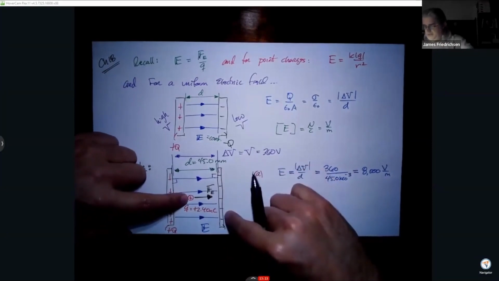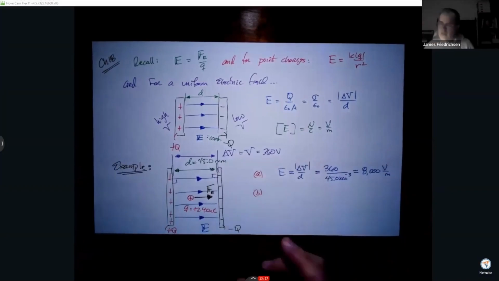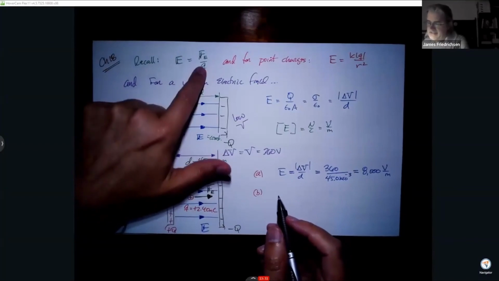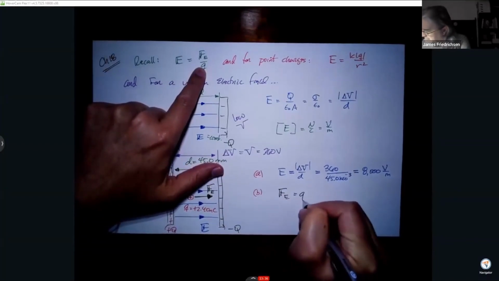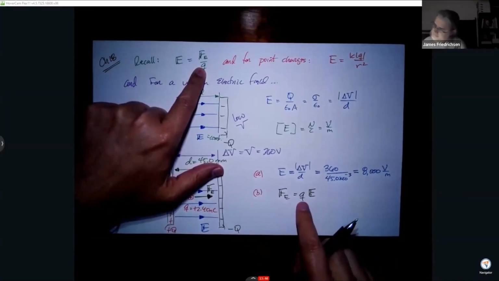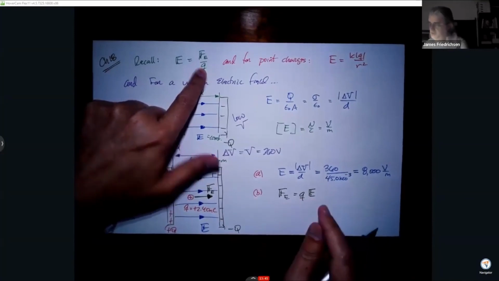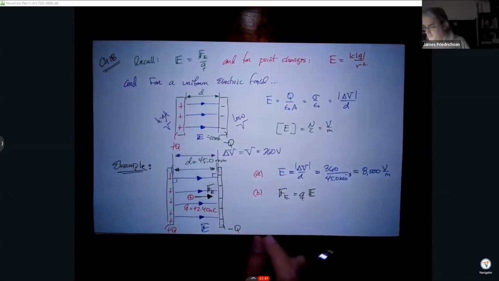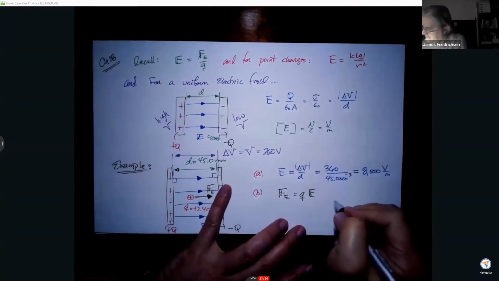Of course, this positive charge will be attracted to the negative plate and repelled from the positive plate. So there are a couple of ways to think about it. But if you go back to this definition here, our electric force is the charge times the field that you put that charge into. A positive scalar times a vector leaves the direction the same, so the direction of the field is the direction of the force because the charge is positive. If it was a negative charge, it would flip and go the opposite way.